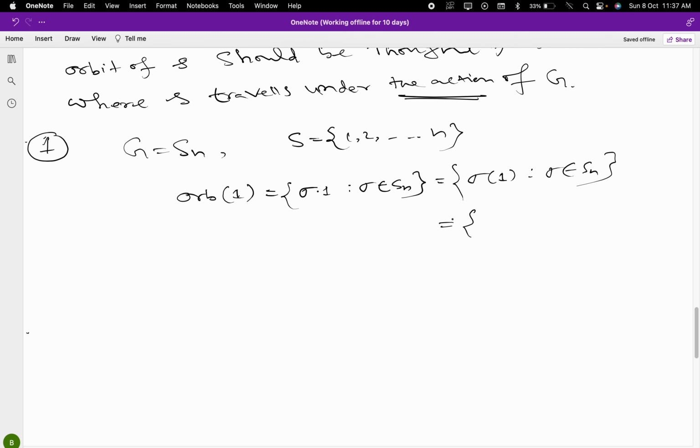Don't you think the orbit of 1 is every element, 1 up to n?